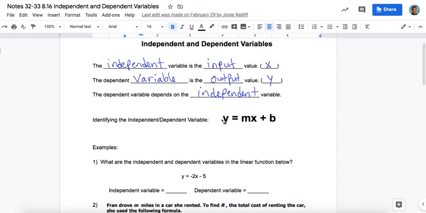Okay, so we have identifying the independent and dependent variable. Recall that y equals mx plus b is the slope-intercept form. And so the x value here is the independent variable.